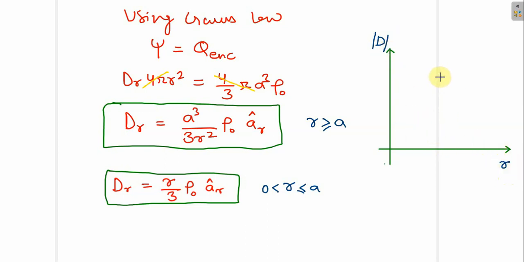You can see that this one is the r equals a point. If r is less than a, this region will represent r is less than a, and this one will represent r is greater than a.